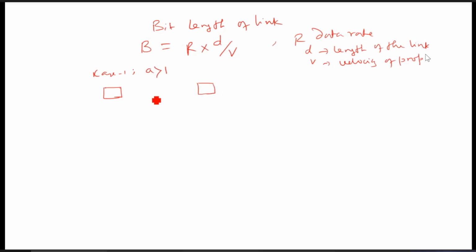Already you have seen how to calculate. This is the transmitting entity. This is the receiving entity. This is the time t0 when the frame starts transmission.